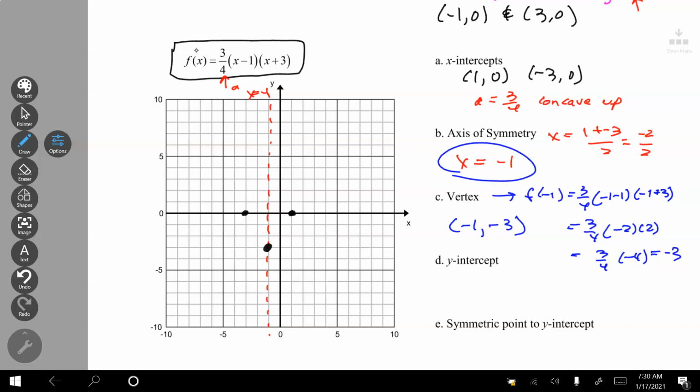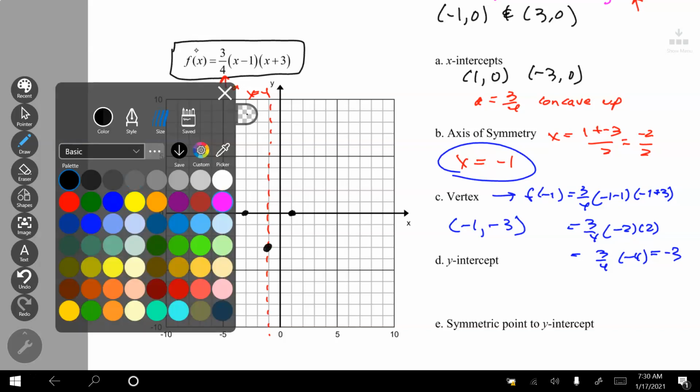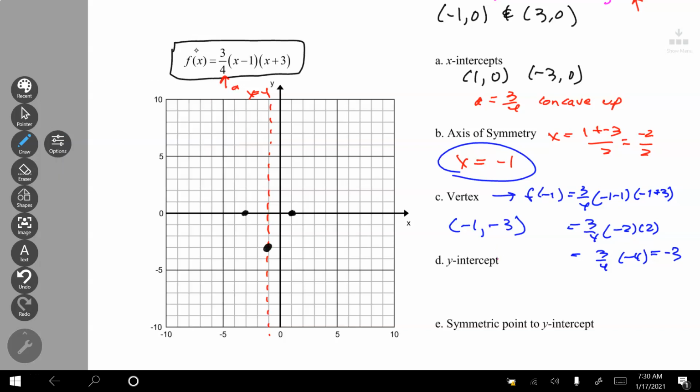And now I want to do the y-intercept. I'm going to plug in 0. F of 0 is equal to 3/4 times negative 1 times 3, which is going to be negative 9/4. So I get 0 comma negative 9/4, which is a little bit bigger than negative 2.